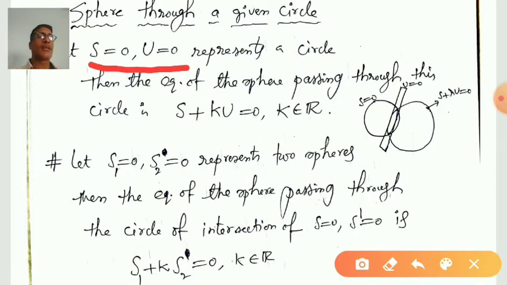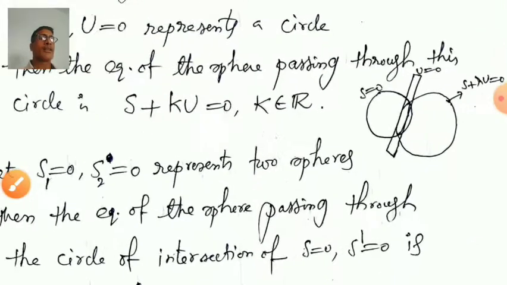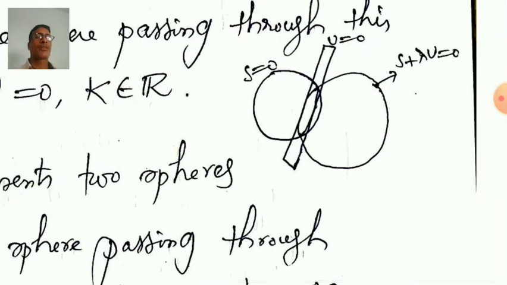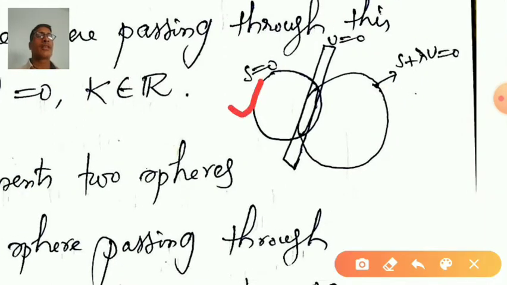That means, as you can see in the diagram, S = 0 is the equation of the sphere and U = 0 is the equation of a plane. This plane intersects the sphere S = 0, and their intersection is a circle. So these two equations S = 0 and U = 0 together give the equation of the circle.